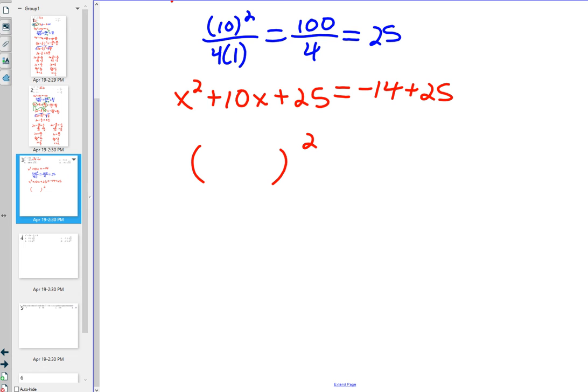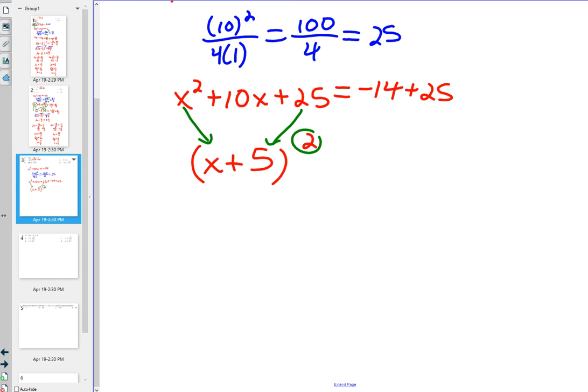One parentheses with a square, what sign is going to go in the middle? There's a plus in the middle, so we're going to keep a plus. X is 5. Nico, what happened to the x squared? It became an x because the square is now accounted for out here. What happened to the 25?